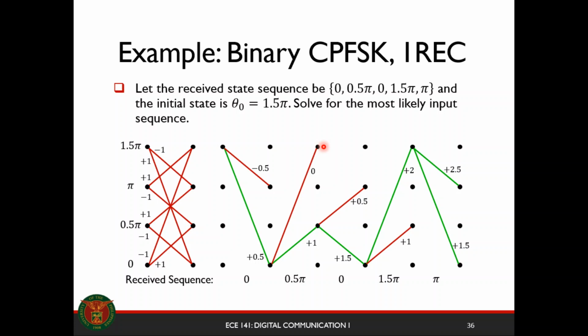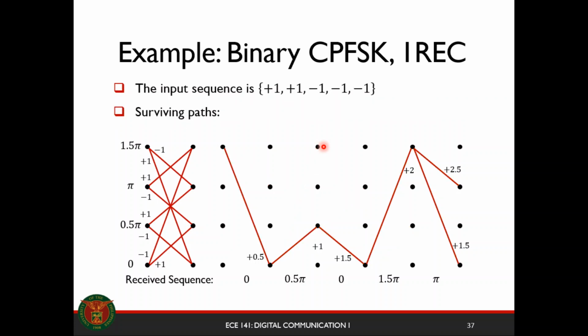So this is the surviving paths for the receive symbols, or the receive phases rather. And the input sequence is plus 1, plus 1, minus 1, minus 1, minus 1.